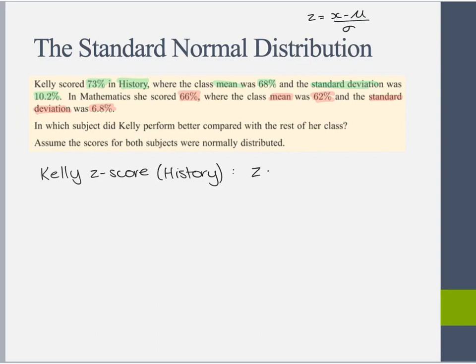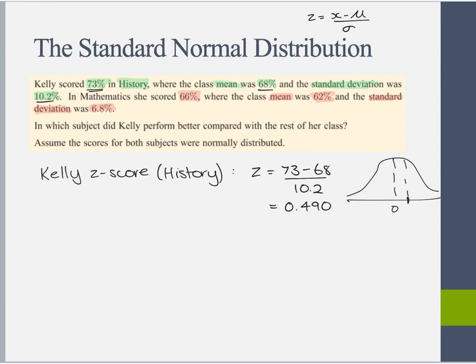So we're going to have z is equal to x, which in this case was 73, minus 68, which was the mean, divided by the standard deviation, which is 10.2. Now, if you put that in your calculator, you should get an answer of 0.490. So imagine we had a normal distribution here with the mean 0. She's around about here.